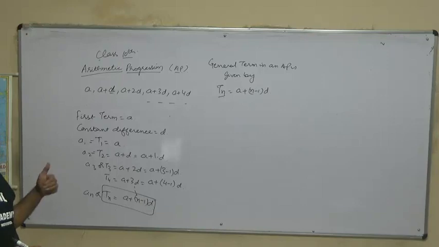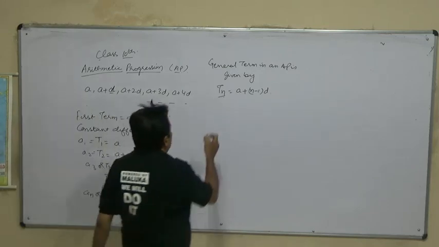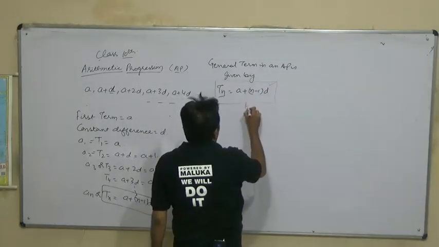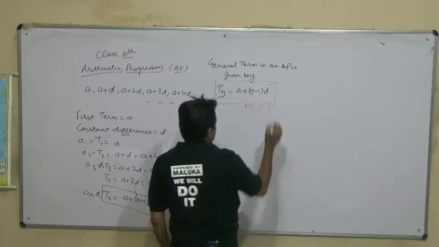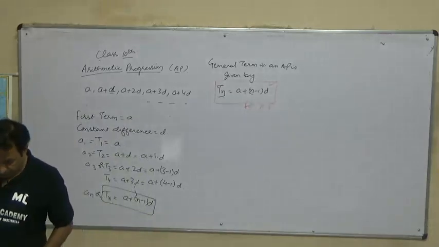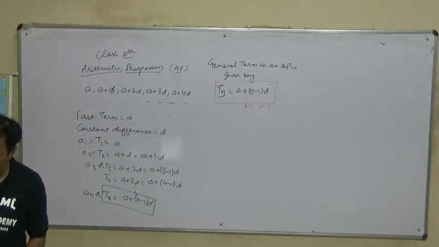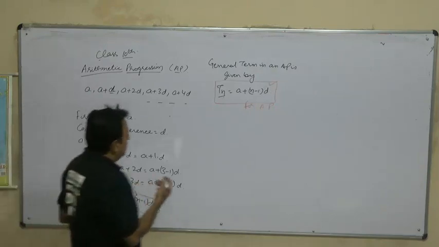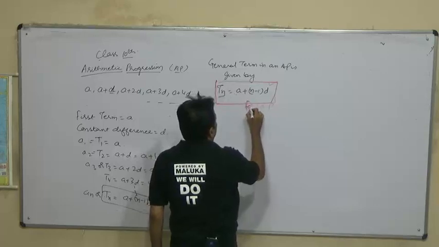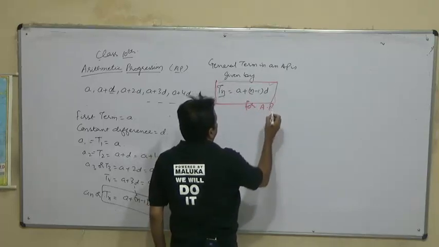We can use either, it denotes the same thing, that is the nth term of an AP. This is the basic formula which we are going to use to find and predict the series. This is the general formula for an AP which we will be using.